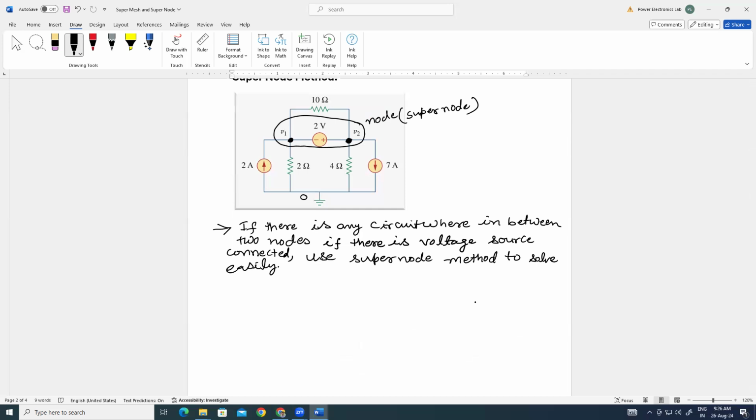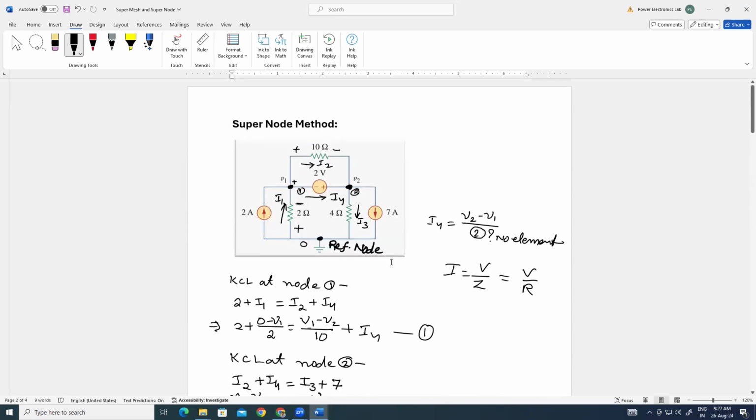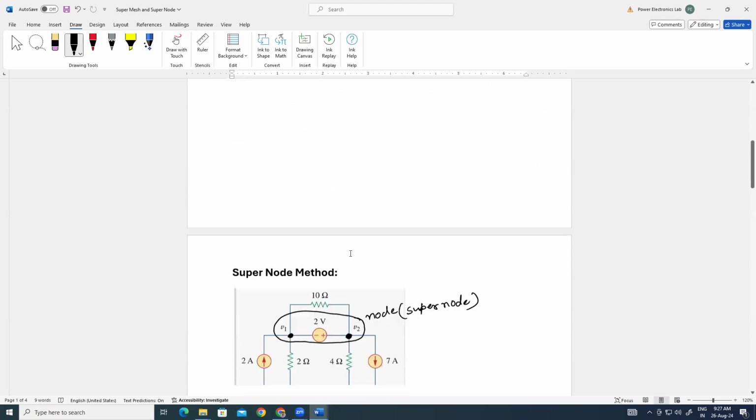So if we have assumed this as a super node, we have to apply KCL at this node only. At this node, there are many branches connected: this one, this one, this one, this one, and this 10 ohm also. We have assumed currents, as we saw previously, I1, I2, I4, I3.